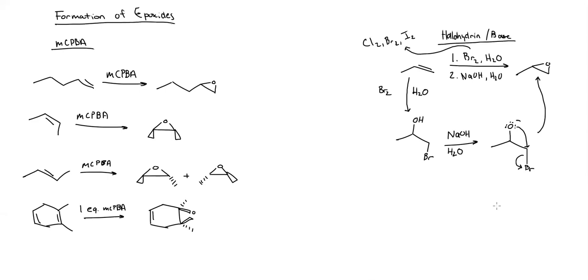So again, we just do formation of halohydrin, and then the alcohol gets deprotonated, and then the alkoxide attacks itself and then forms a 3-membered ring with an oxygen in it. Okay. So that's it, right? That's this entire reaction. So again, halohydrin followed by base or MCPBA, treatment with either one of those to an alkene is going to give me an epoxide.